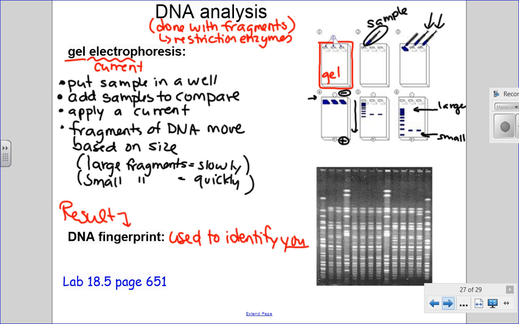Perhaps it will identify you as the criminal who left some of their saliva at the crime scene, or perhaps it will identify you as the son or daughter of the person whose DNA we were comparing you to. So it can be used to identify. Common uses of this would often be in criminal cases or family-related things, like are you related to this person, yes or no.